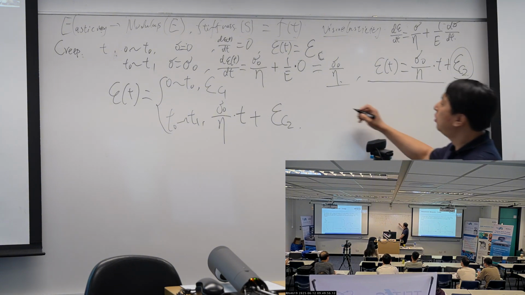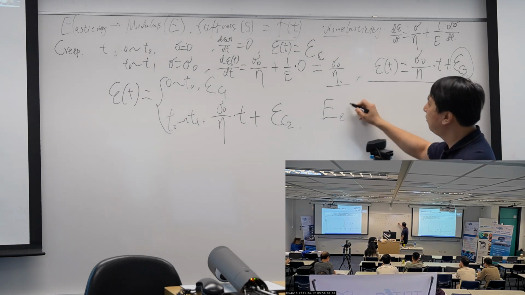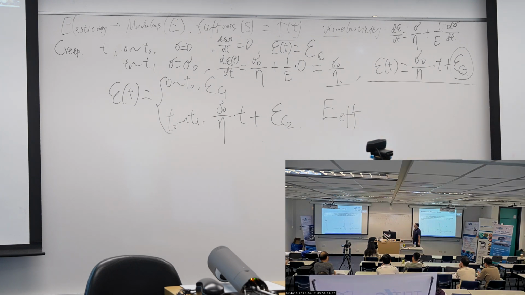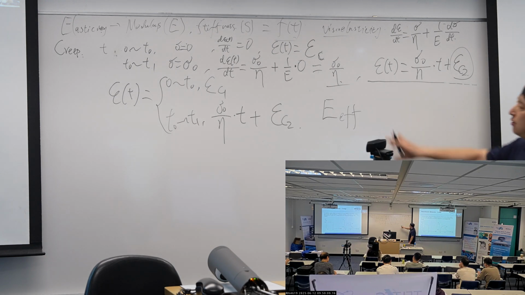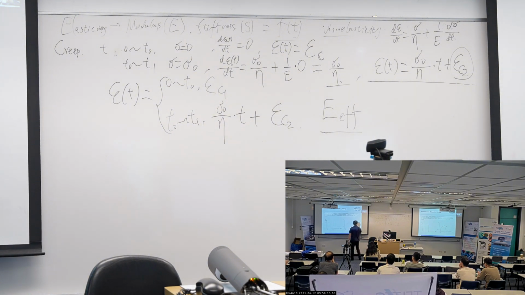And then we can write down the so-called effective modulus, which we apply to the epsilon from T0 to T1.